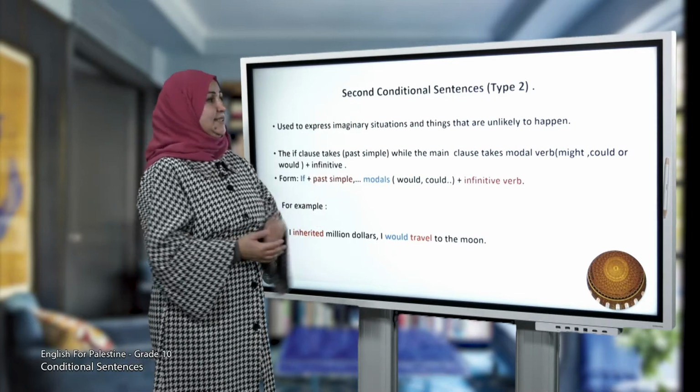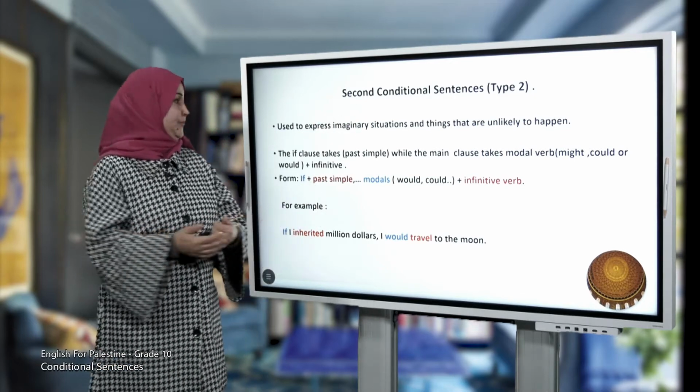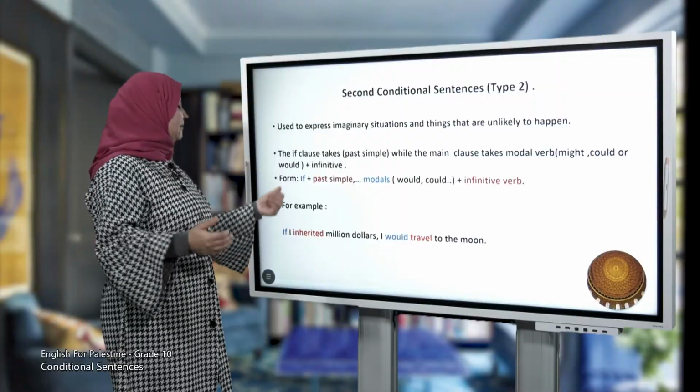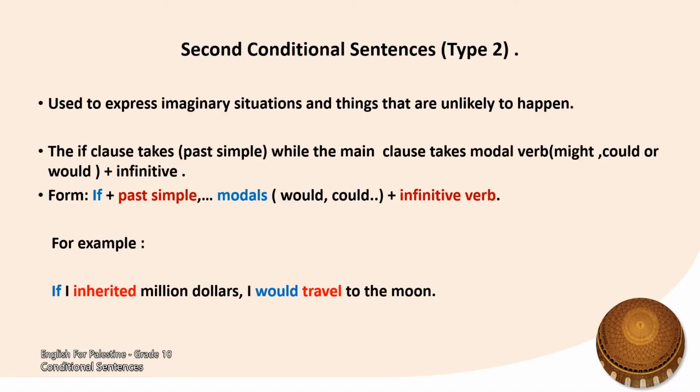Second conditional sentences or type 2, used to express imaginary situations or things that are unlikely to happen. The if clause takes past simple, while the main clause takes modal verb might, could, or would plus infinitive verb. The form is if plus past simple verb.